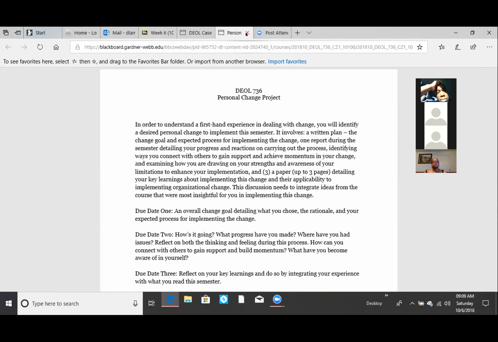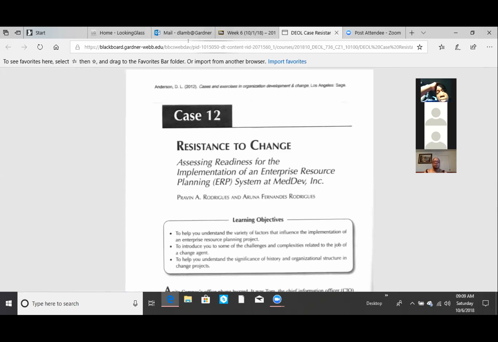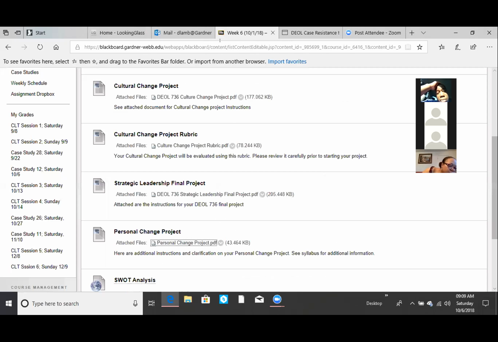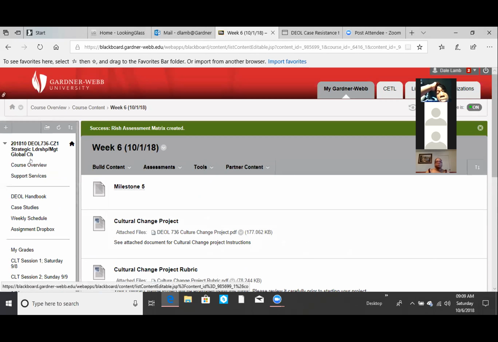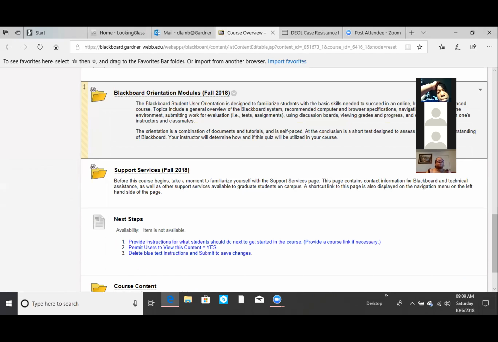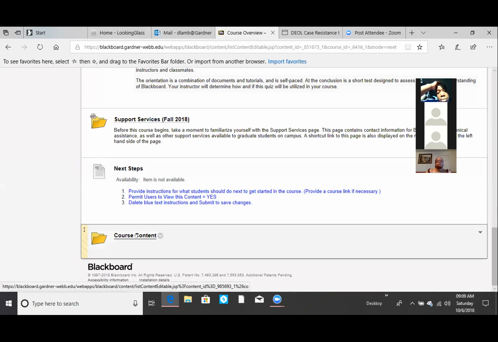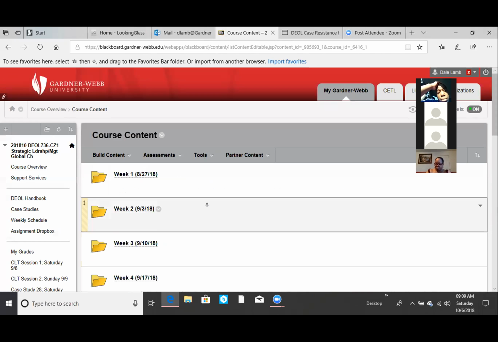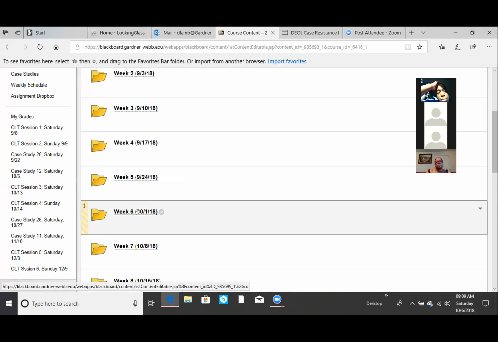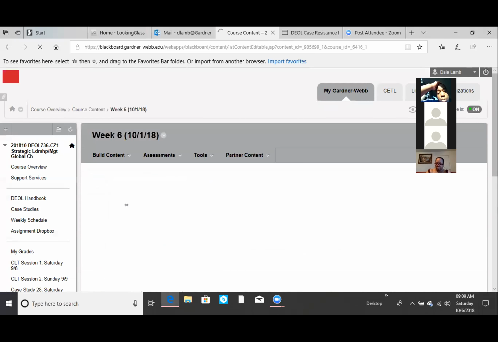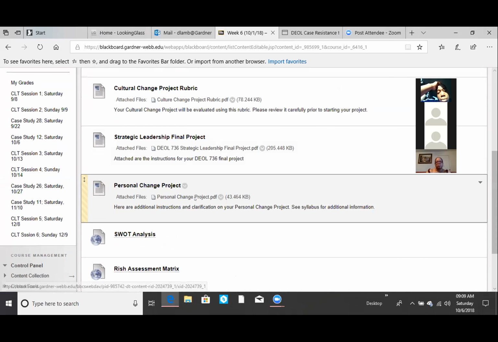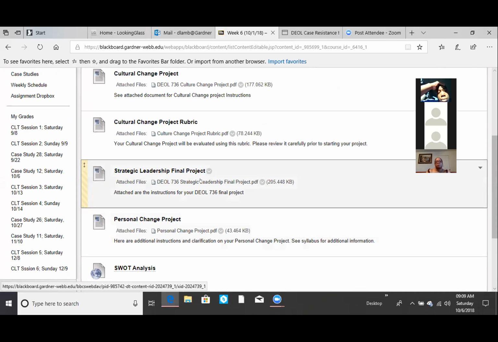And again, you can find all of those under course overview. Then when you click on course overview, come down to course content and go to week 6. And you will find all those documents, just like I showed you. So that's where you should be in terms of working on those projects.